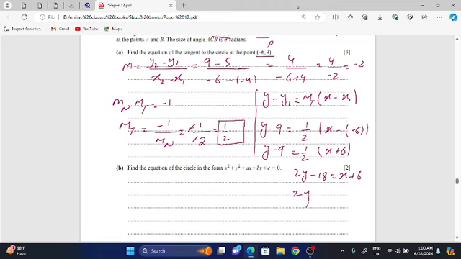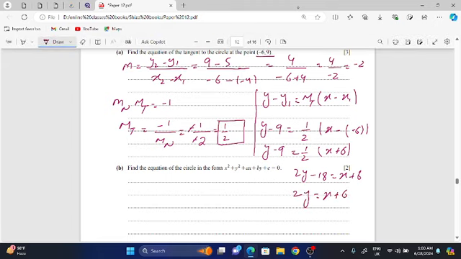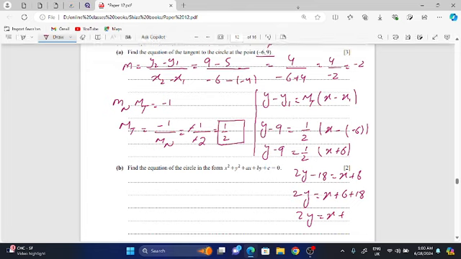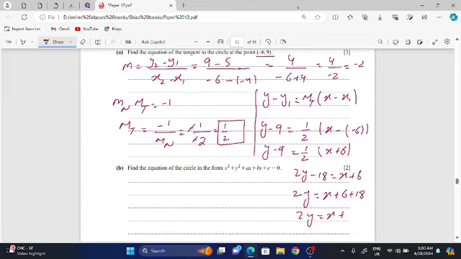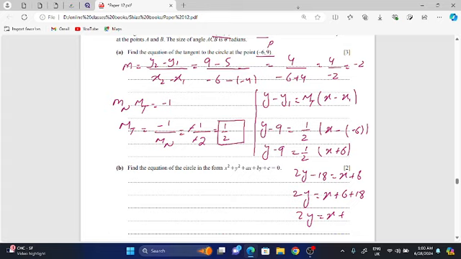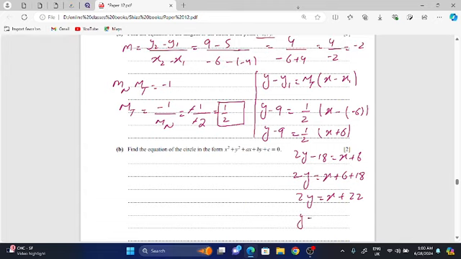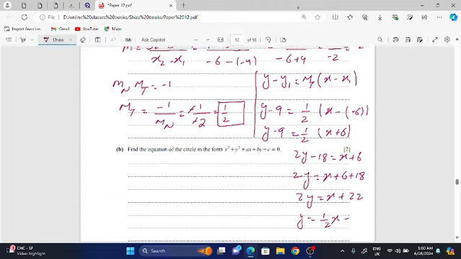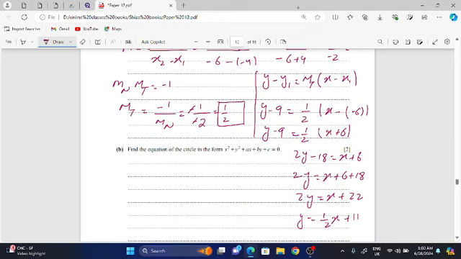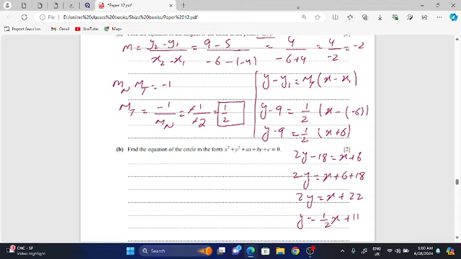Further, 2y equals x plus 6 plus 18, so 2y equals x plus 24. Now if you want to divide by 2, your y becomes 1/2 x plus 12. That is the final equation that you have at the end.